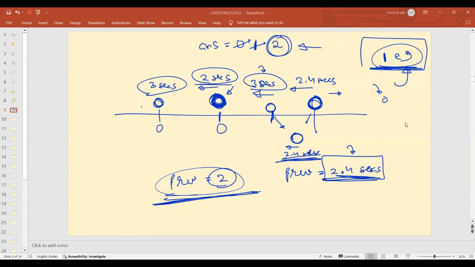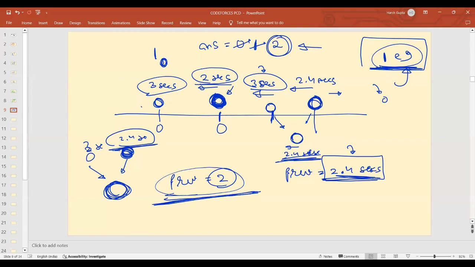Why will the 2.4 seconds and 3 seconds balls collide? Once a ball with 2.4 seconds collides with a ball with 3 seconds, what is the speed of this collided ball? Can you tell me? Good. What is the speed of these two balls when they collide? The speed of this particular ball, the max of 2. So can you say that this particular ball will actually take 2.4 seconds to reach the origin, if I consider from the timestamp of 0?